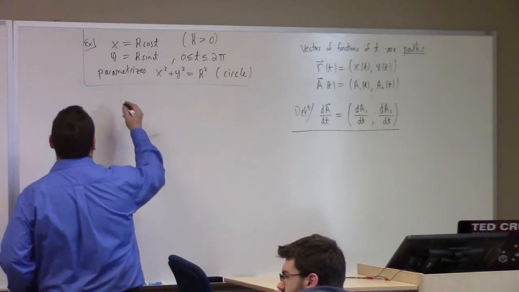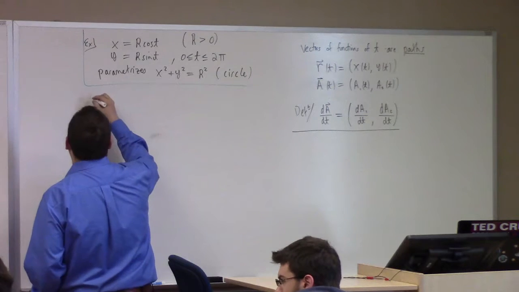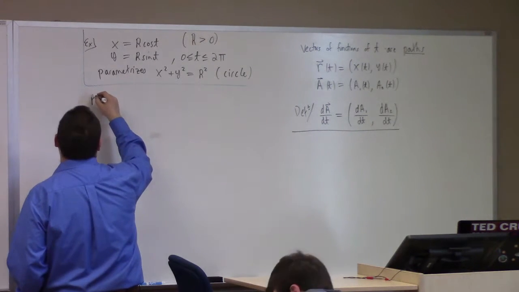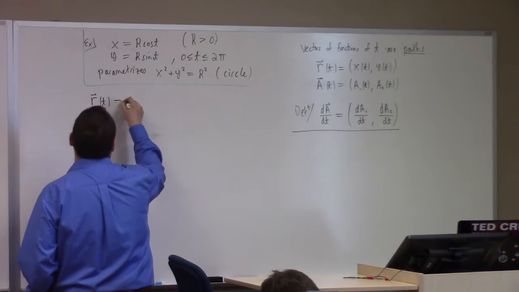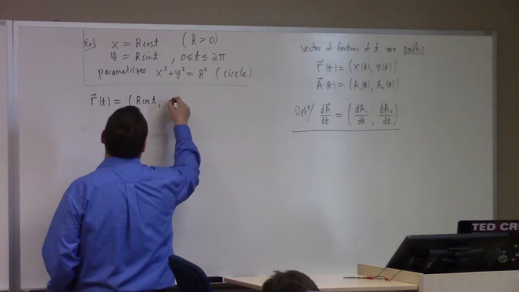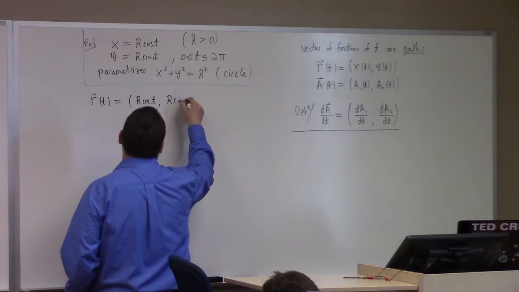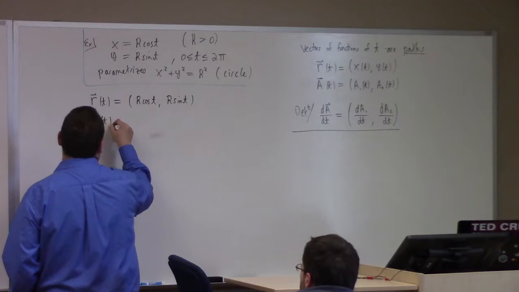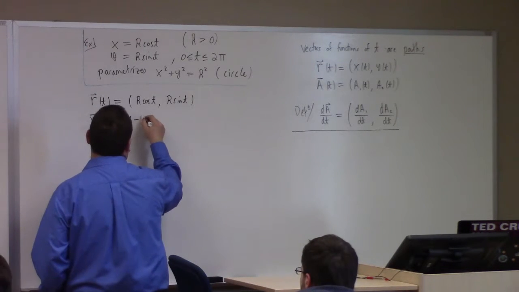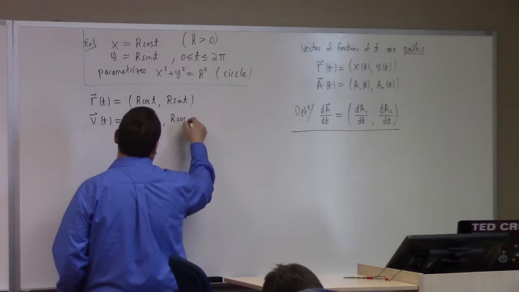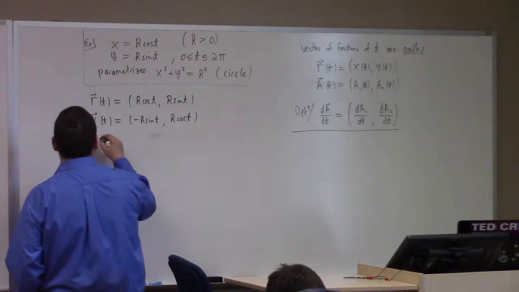I'm going to take a slightly different approach here. I'm going to actually write the path. The path is what? R of t is equal to what? r cosine t, r sine t. What's the velocity? Derivative, right? Differentiate both. What's the length of the velocity?